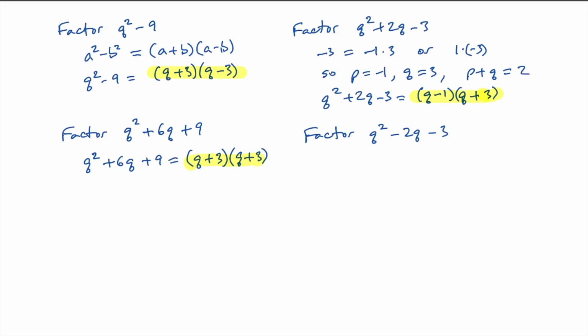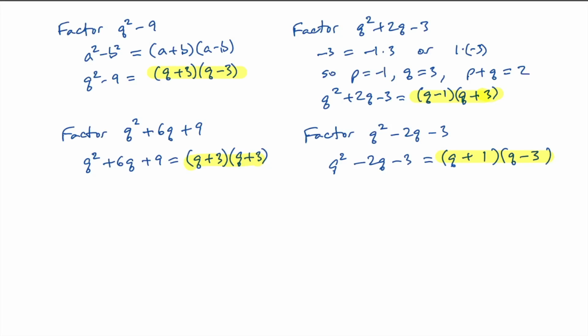And so we can say q squared minus 2q minus 3, we're going to have a q and a q, and we're going to have a 1 and a minus 3. So we're going to do plus 1 minus 3. Okay, and so now we have everything factored.